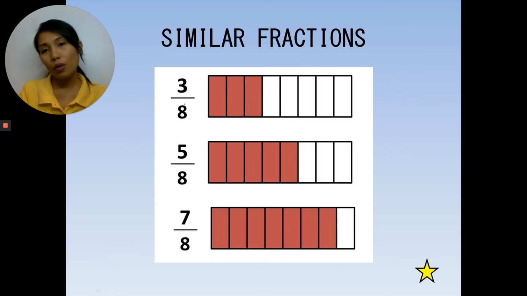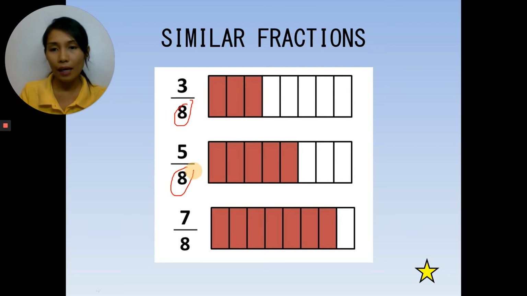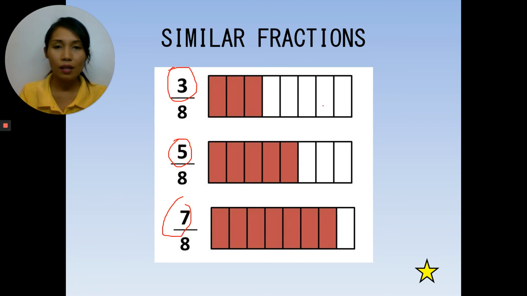Here are more samples of similar fractions. Look at their denominators, it's all 8. But look at their numerators: 3, 5, and 7. Even if you don't look at these illustrations, you will identify which fraction is smallest by just looking at the numerator.